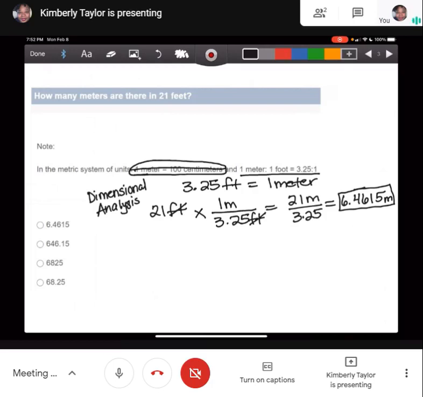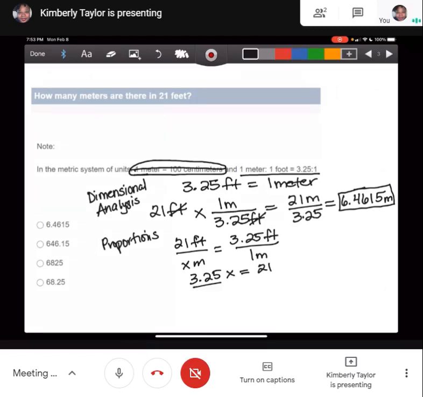Okay, the other way is proportions. Set up proportions. So I can do 21 feet over x meters is equal to, and I can match it up, 3.25 feet over 1 meter. And here I could just cross multiply. You get 3.25x is equal to 21.